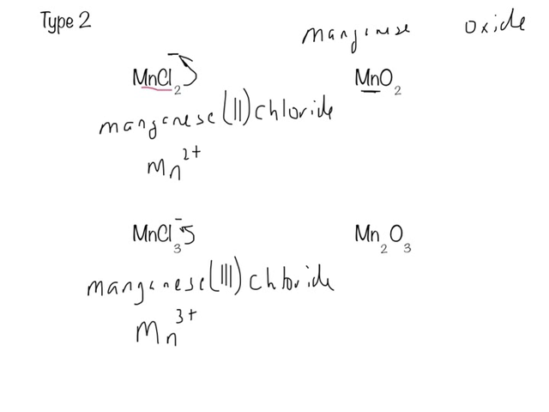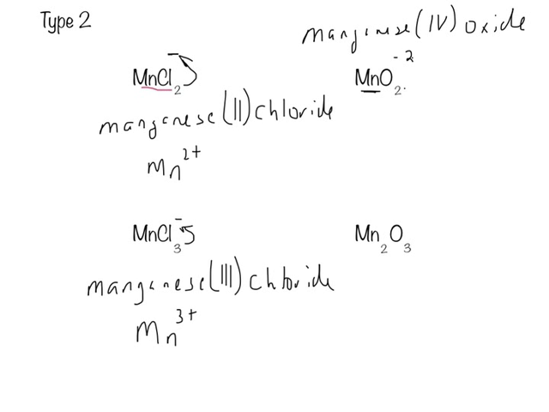The oxide anion takes a 2 negative charge. So I've got 2 times a -2. That's a -4 total charge. Now, since I've only got one manganese, that means that must be providing a total of +4 charge. So this would be manganese(IV) oxide.